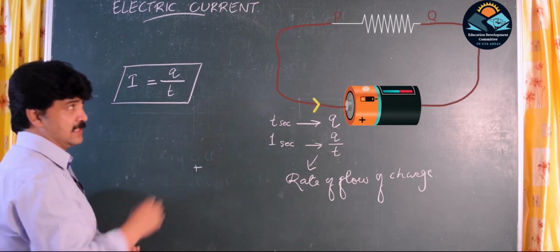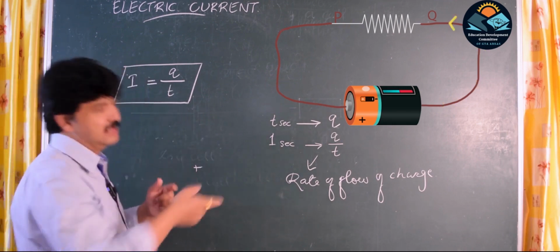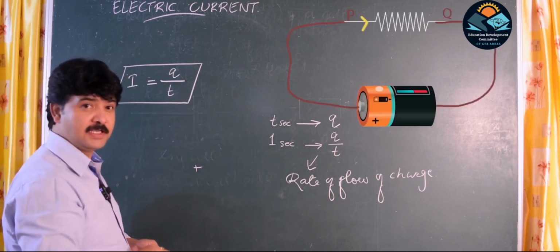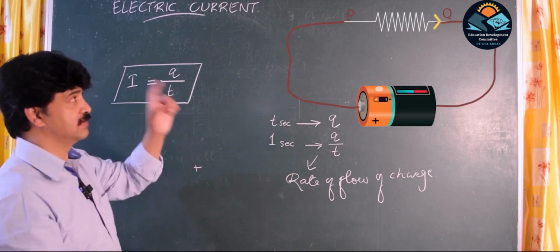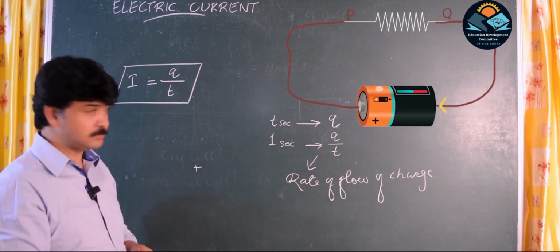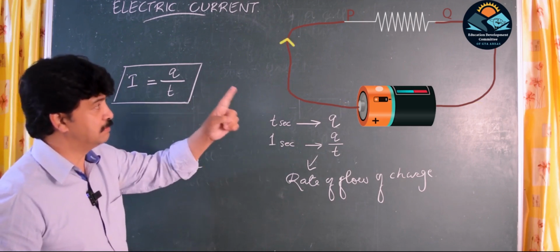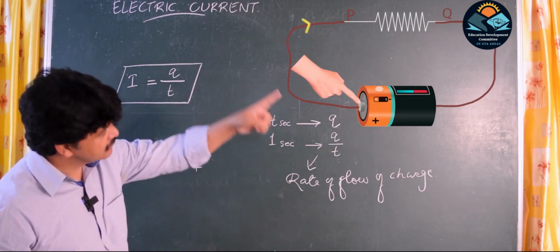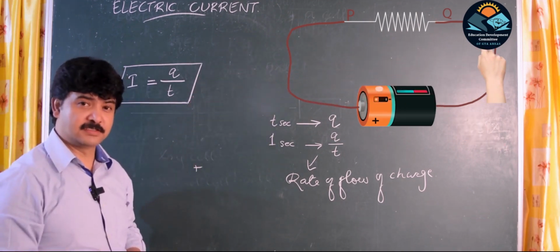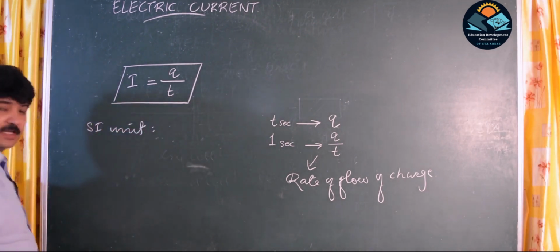So since electrons flow from Q to P, we can imagine that positive charges are flowing from P to Q. That's why the direction of the current is from P to Q. So you can see from the diagram also that current always flows from the positive electrode to the negative electrode of a cell through the circuit.